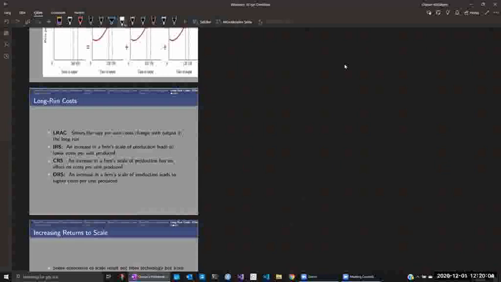And the second thing is that if there is a positive profit in the short run, then since there are entries and exits to the industry in the long run, there will be more firms who would like to produce and take some of these positive profits from the market.